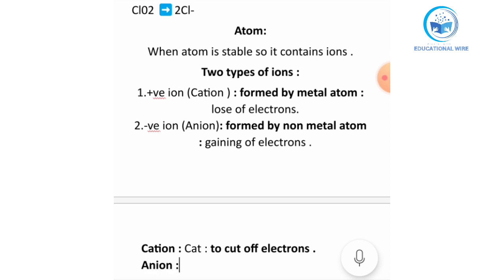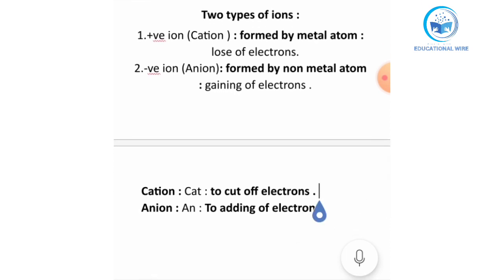In anion we take the word an, whose meaning you can say is addition, or adding of electrons, and ion remains the same. So cat means to cut off electrons and an means adding of electrons.